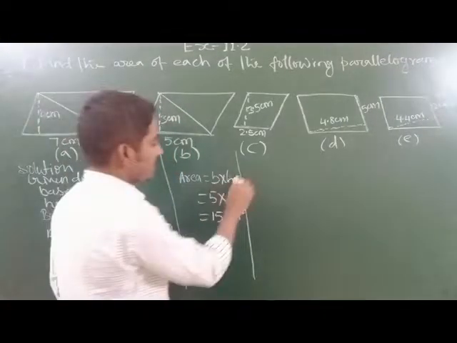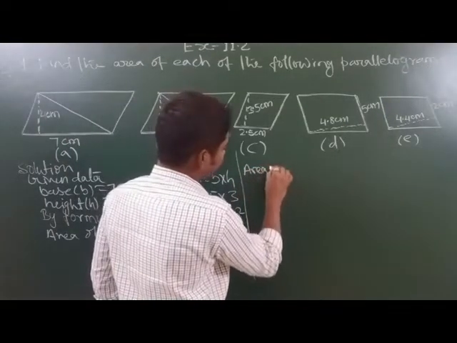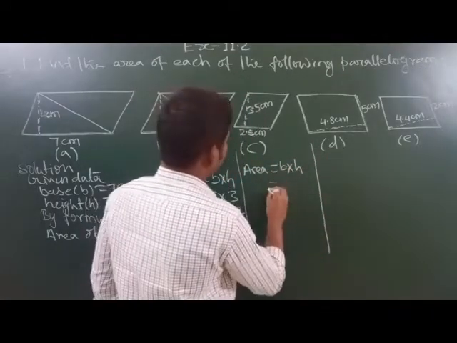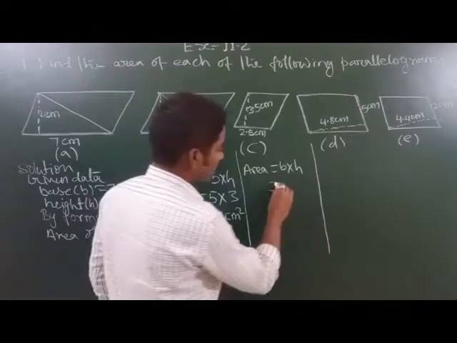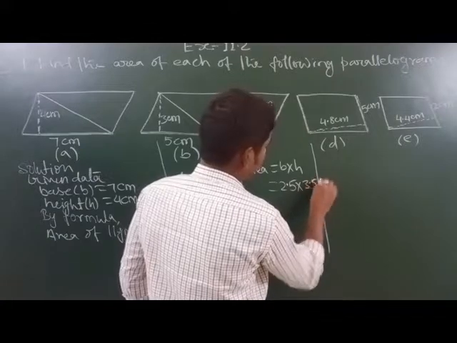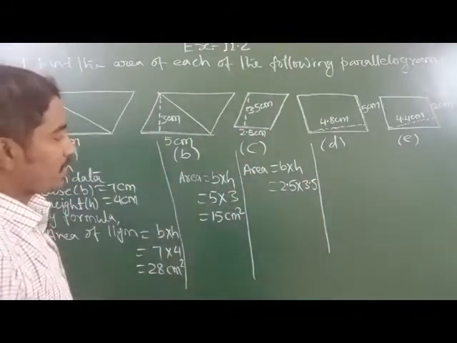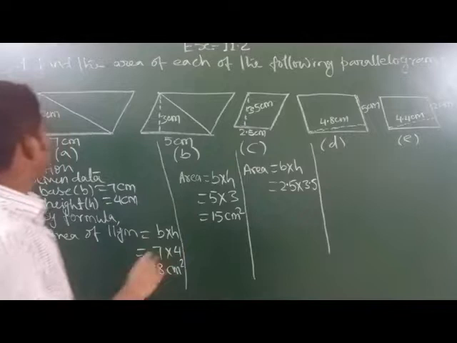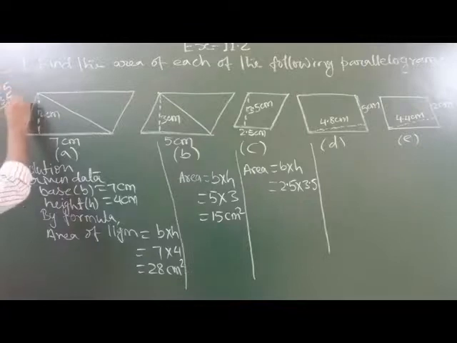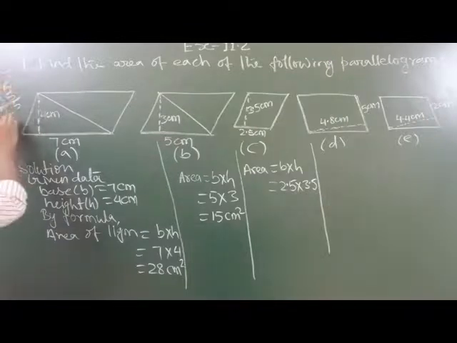Similarly here also, if you calculate the area, area is equal to base into height. Now put the value: base we have 2.5 and height we have 3.5. Now how to multiply 2.5 and 3.5? See, forget about the decimal and multiply 25 into 35. 5 fives are 25, carry 2. 5 twos are 10 plus 2, 12. 5 threes are 15, then 3 twos are 6 plus 1, 7.